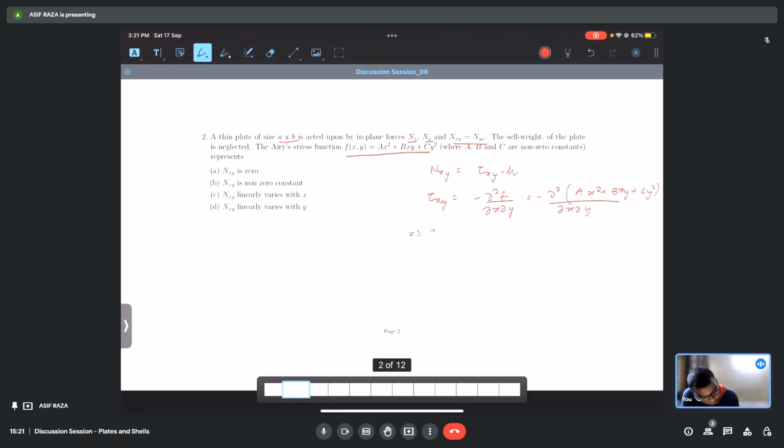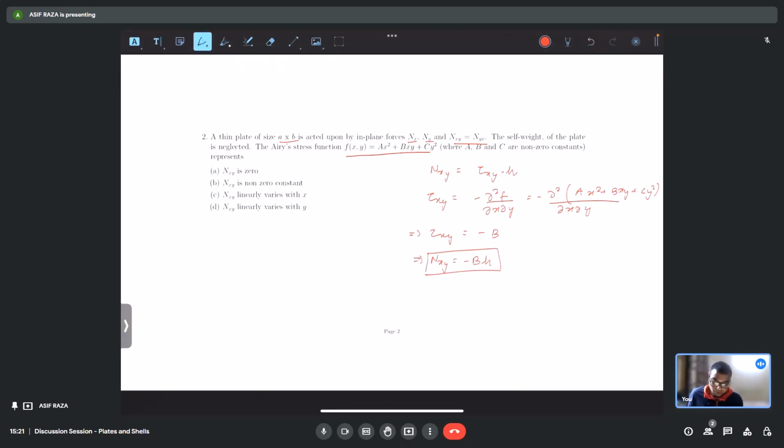So this will give me tau xy equal to minus b, so Nxy is equal to minus bh. So if we see all the options, we get option B as my correct answer, as it is a constant value.